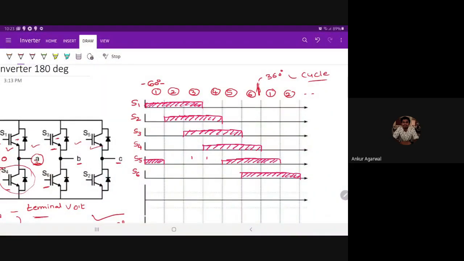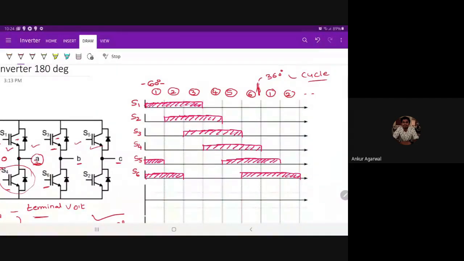Similarly, this is S6, so it will be like this. Agree? From here for 180 degrees there is no conduction, and in the subsequent 180 degrees it is turned on. It's clear.